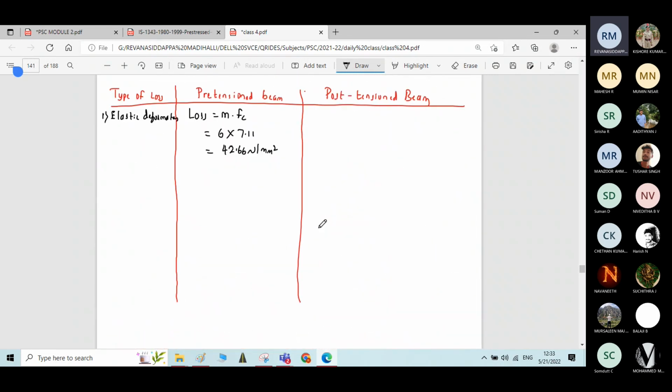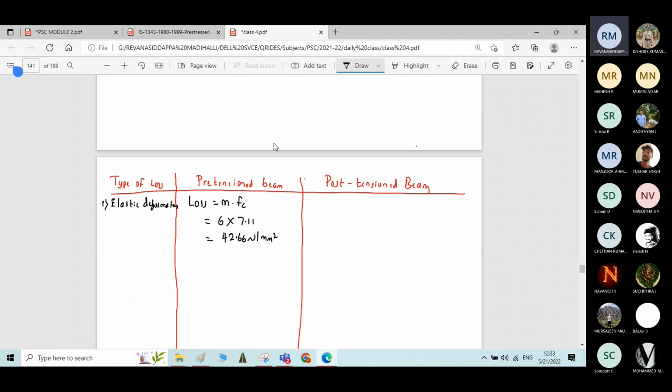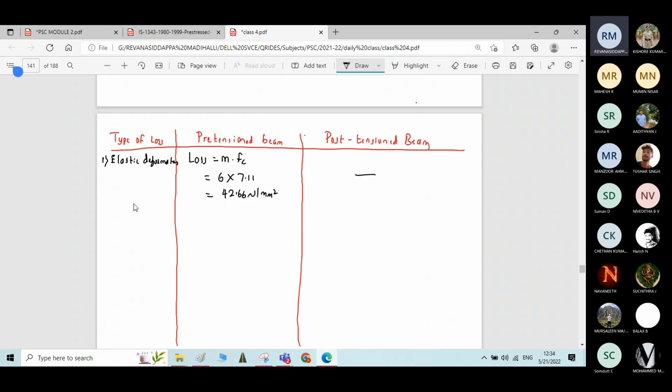If the cables are pulled simultaneously, there will not be any loss due to elastic deformation for the post-tension beam. Only if it is mentioned that the cables are pulled one by one do you need to calculate it. Otherwise, assume the cables are pulled simultaneously and it is zero. So the loss due to elastic deformation is over.